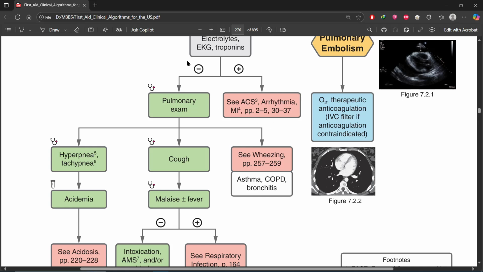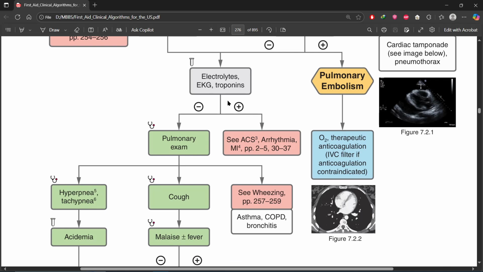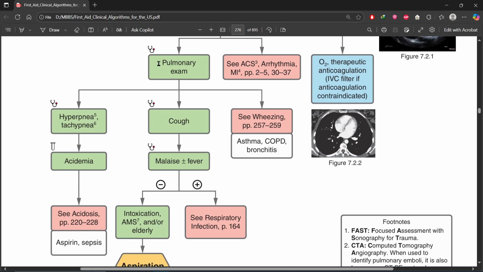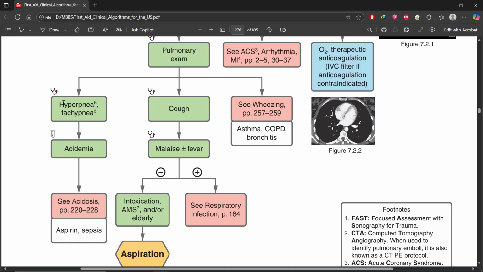But if it is again negative, now we are strictly going to focus on the pulmonary aspect of the patient. We will carry out a pulmonary exam and we will check for hyperpnea, tachypnea, cough, or wheezing.